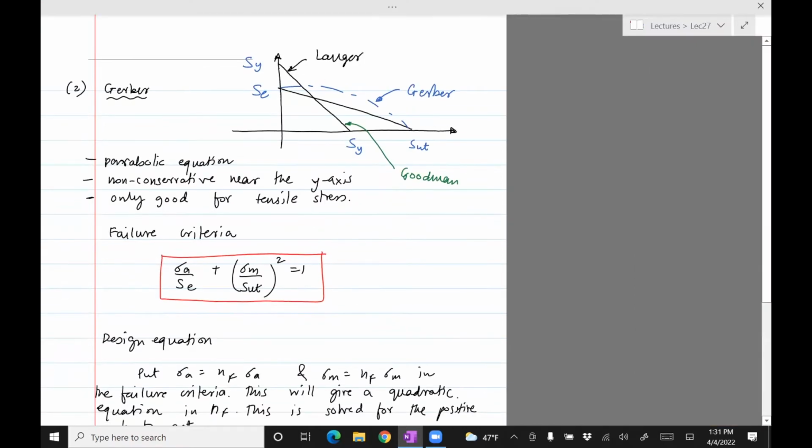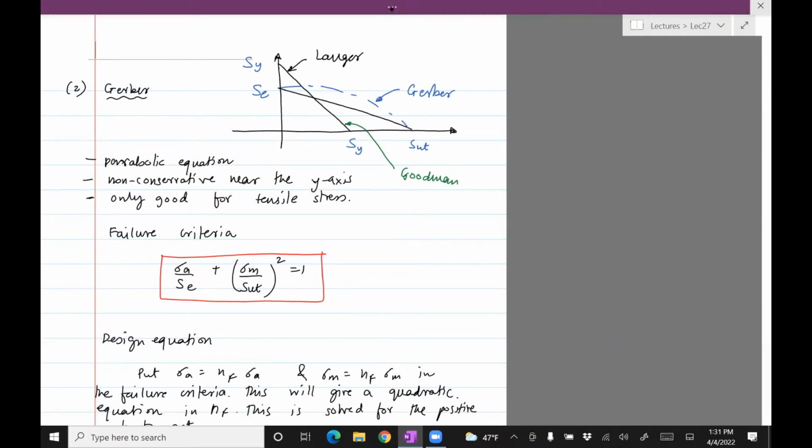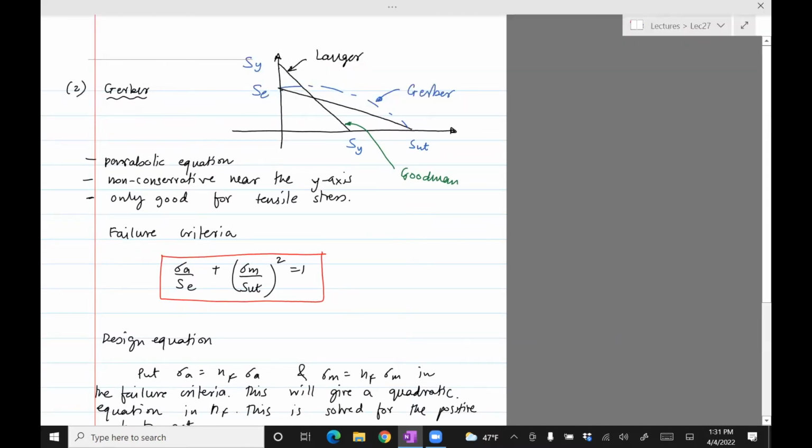The Gerber line. It is basically joining two points, SE and SUT. But we've seen this joining through the Goodman line; instead of joining a straight line between the two, it creates a parabola. The equation of a parabola, if you don't remember, is either y square equals 4ax or x square equals 4ay.